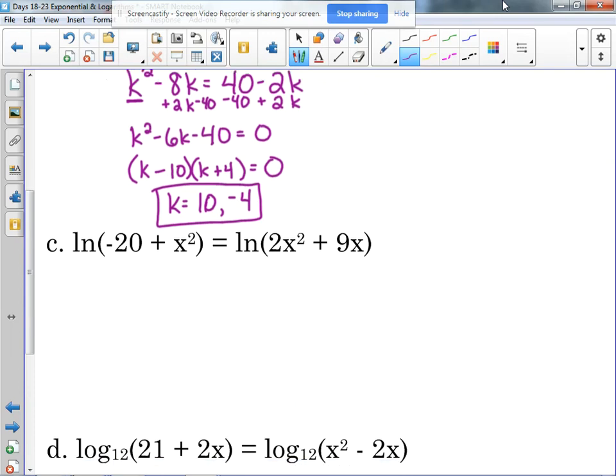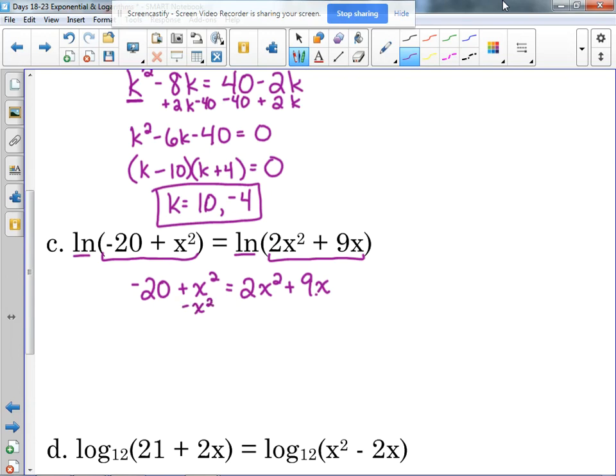Okay, natural log works the same way. Nothing different here. As long as it's the same log on both sides, you set what's inside equal. Again, here's another quadratic equation.